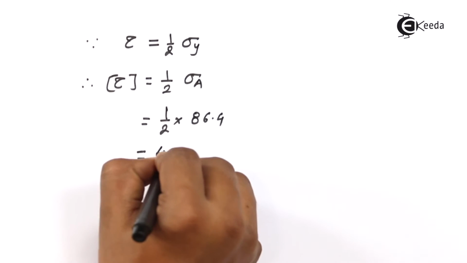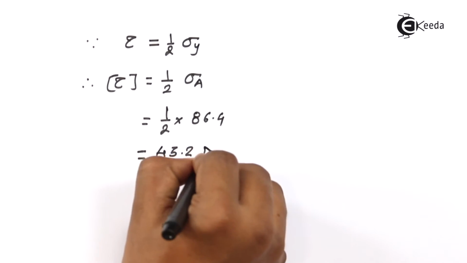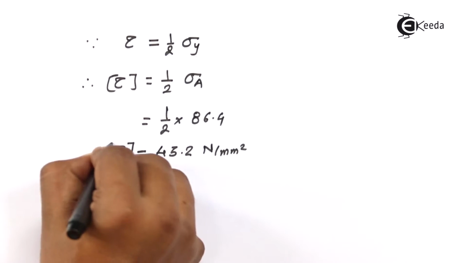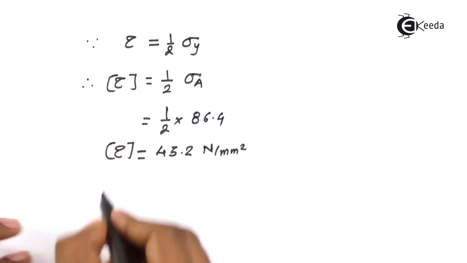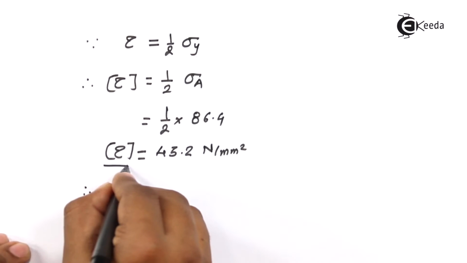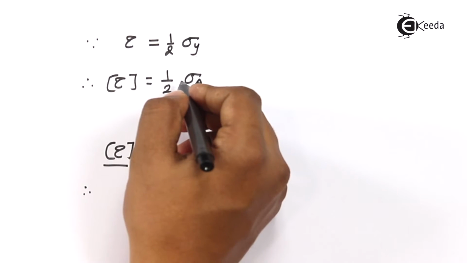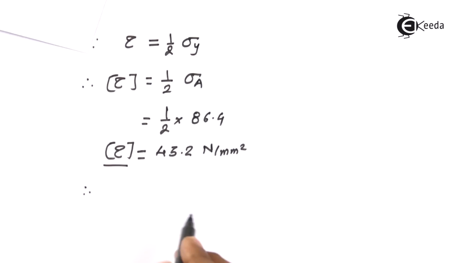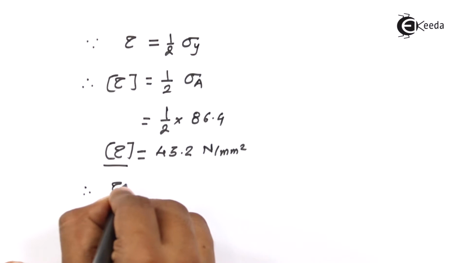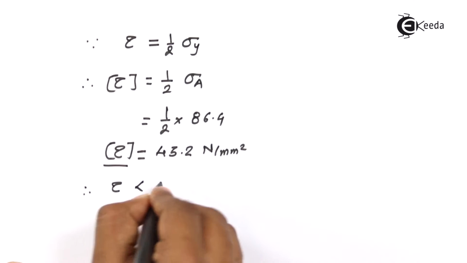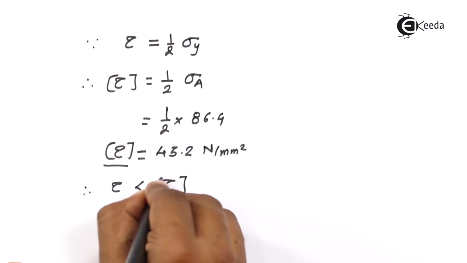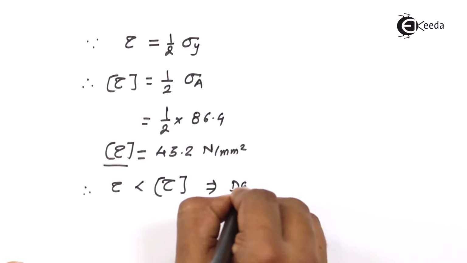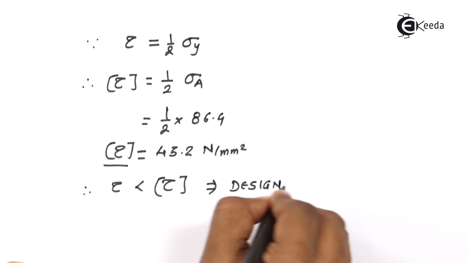So this value comes out to be 43.2 Newton per millimeter square. So that is the allowable value of tau. Comparing this value of tau with the value of tau that we have found out, we can say that the tau which is induced is much smaller than the tau which is allowed, and hence I'll say the design is safe.